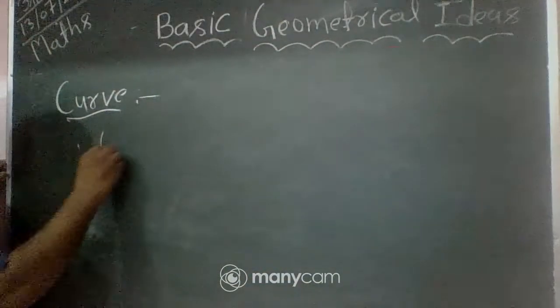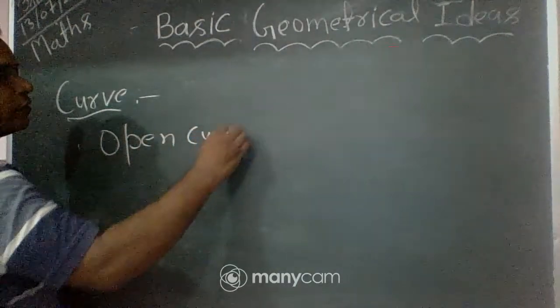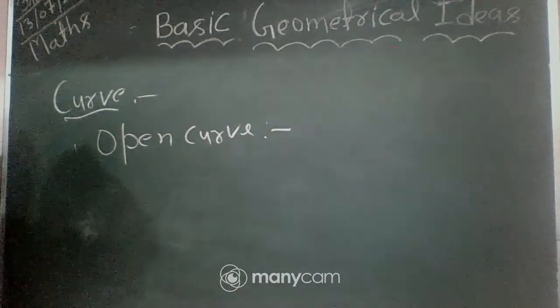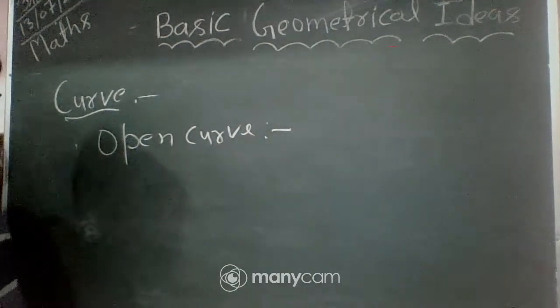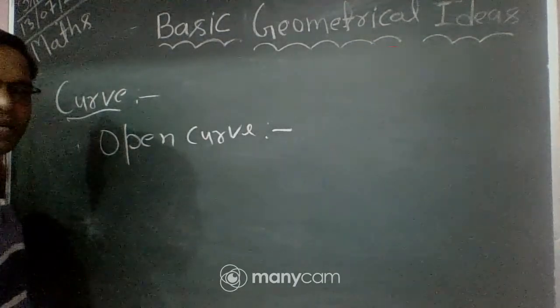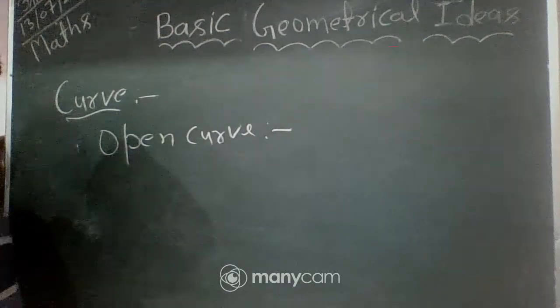Okay, so open curve. What is an open curve? If anybody asks you what an open curve is, what do you say? The curve which has a different beginning point and end point is called an open curve.